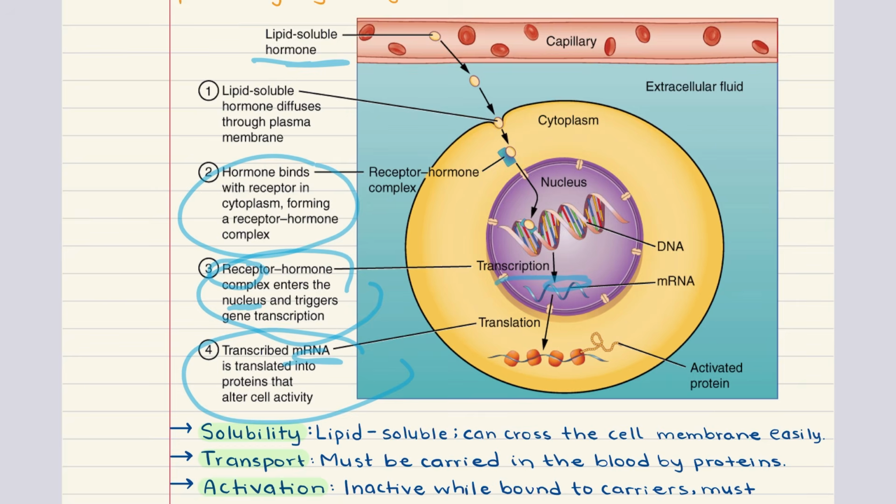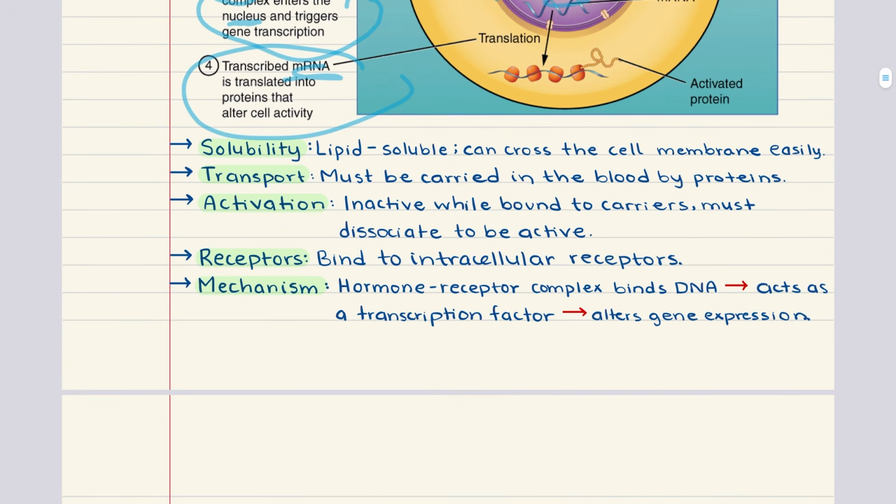Keeping that in mind, let's summarize the key characteristics of steroid hormones. Starting off with solubility, they are lipid soluble, so they can pass through the cell membrane with ease. But when it comes to transport, they have to be carried in the blood by protein carriers. Now, when they're bound to those carriers, they're going to be inactive. They have to dissociate in order to be able to exert their effects. Now, as for receptors, they bind to receptors inside the cell, either in the cytoplasm or in the nucleus.